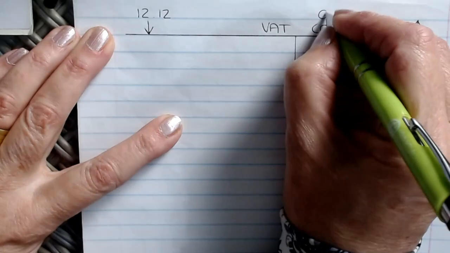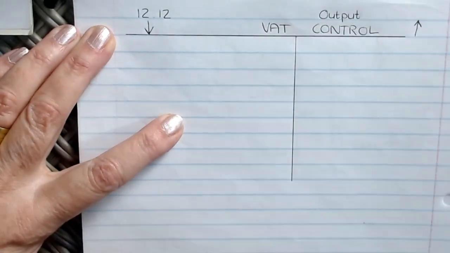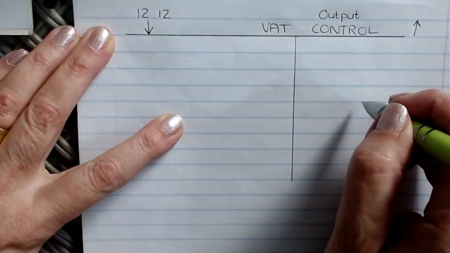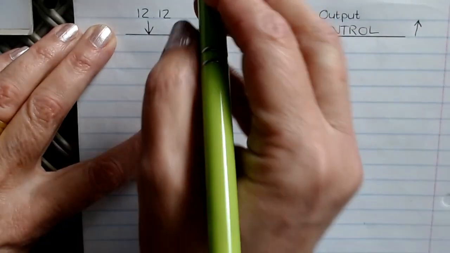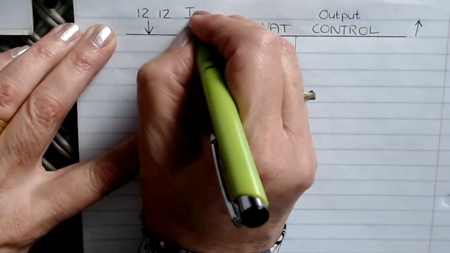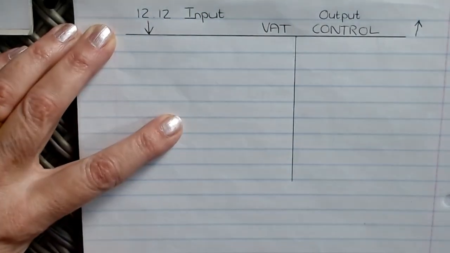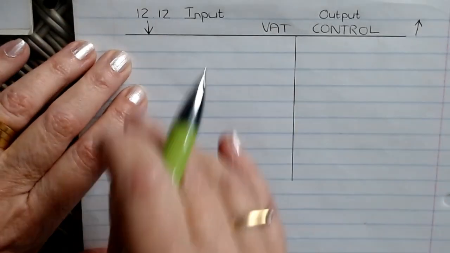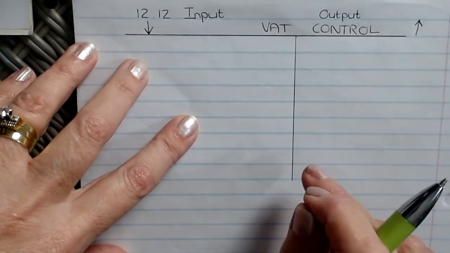Our output VAT, that means our sales, cash or credit, is usually recorded on the credit side because that will increase the amount we owe to SARS. And the input VAT is on the debit side because that will decrease what we owe to SARS. And in every transaction, we are looking for the VAT amount only.